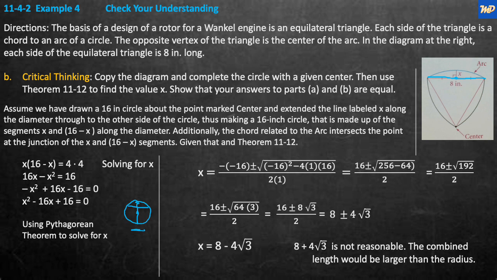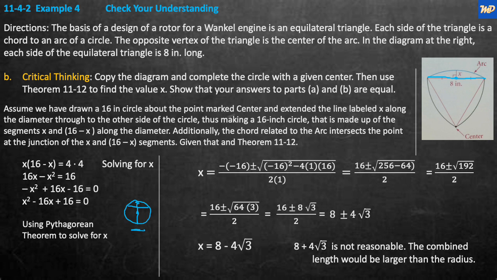Theorem 11-12 says that for any point inside the circle with lines extending out to the circle in opposite directions, the product of those two segments is equal. You remember that.